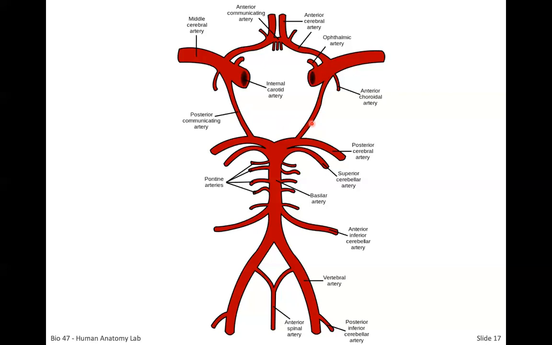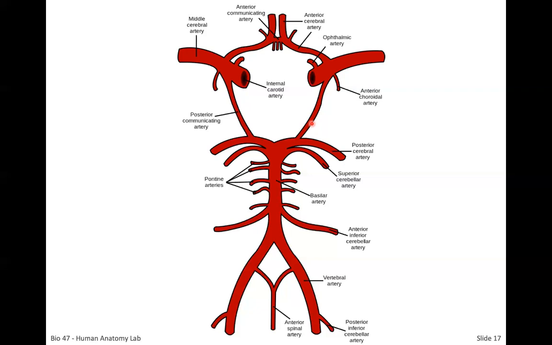All of the other arteries, the anterior, middle, and posterior cerebral arteries, the vertebral arteries, the basilar artery, and the internal carotid artery, all of those are just one-way flow into the brain from the body or out to different portions of the brain.